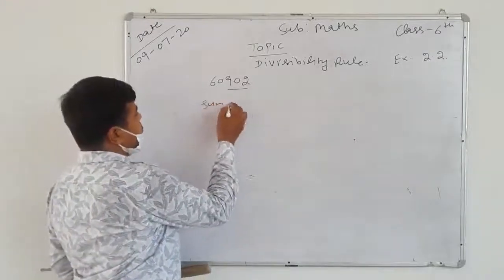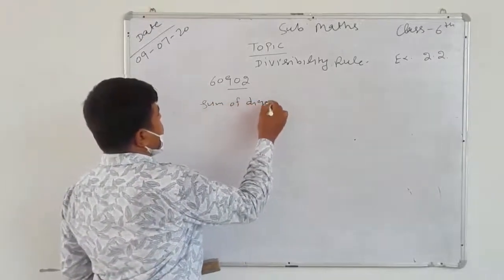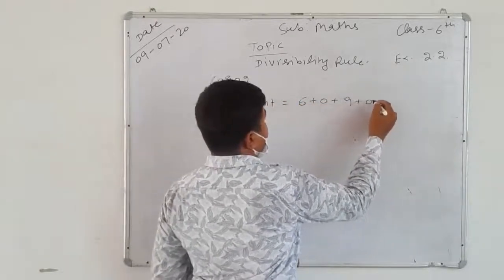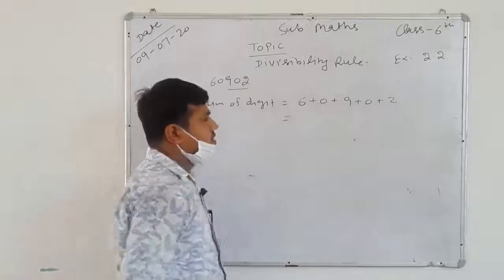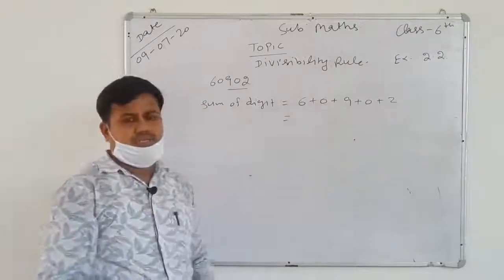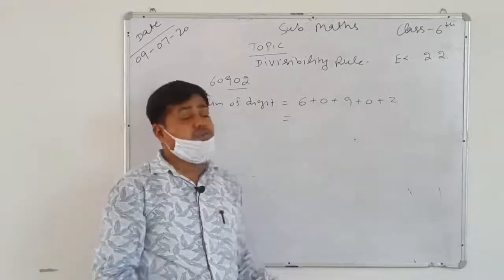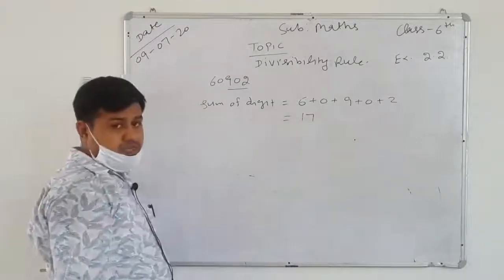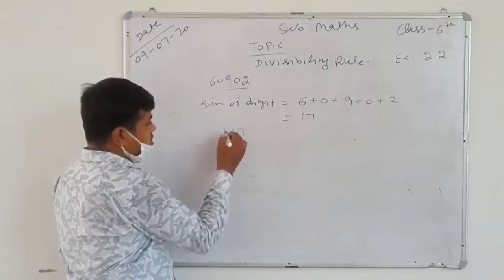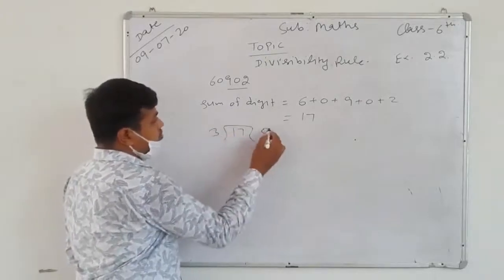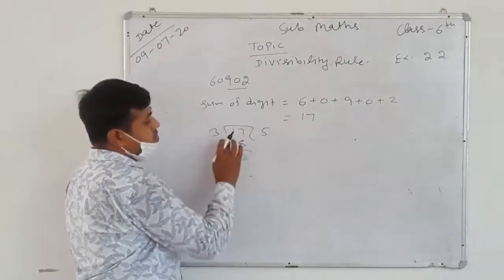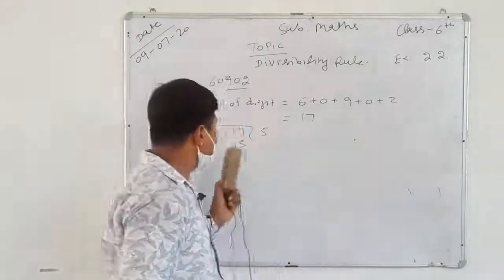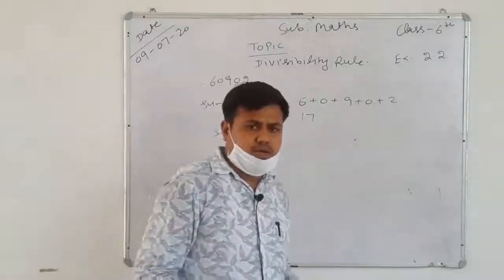Sum of digits: 6 plus 0 plus 9 plus 0 plus 2. 6 plus 0 is 6, 6 plus 9 is 15, 15 plus 0 is 15, and 15 plus 2 is 17. We know that 17 is not completely divisible by 3. 17 is not divisible by 3.